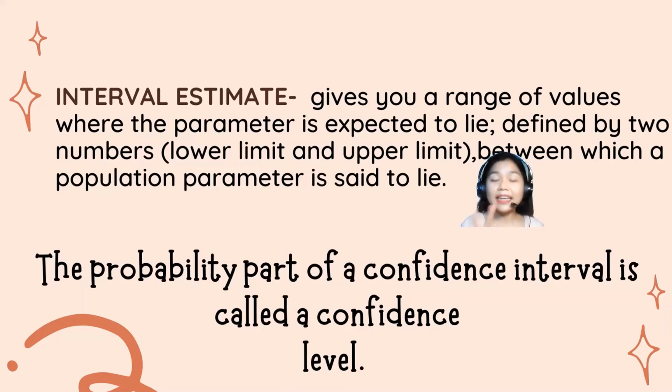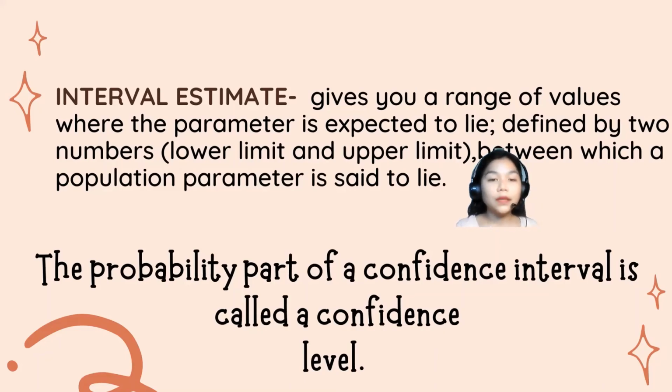Inaasahan natin na in between doon sa dalawang values na yun, yung tinutukoy ko, 5 at 10, so pwedeng nasa 5.1, 5.12, 5.13, up to 10, or 9.99, or 8.5, or 7.5, or 6.5. So in between those values, ating ina-assume na andun nakalagay ang totoong value ng ating parameter.